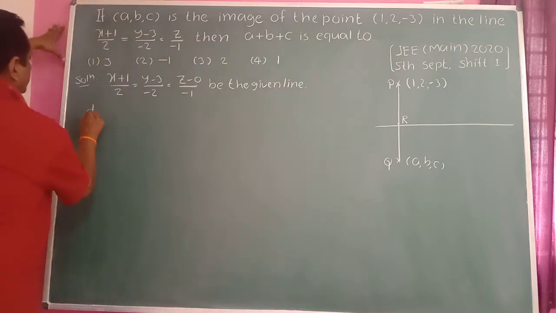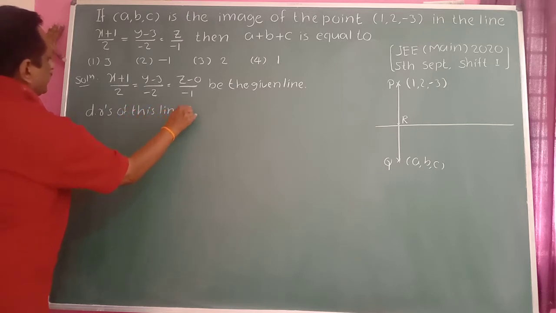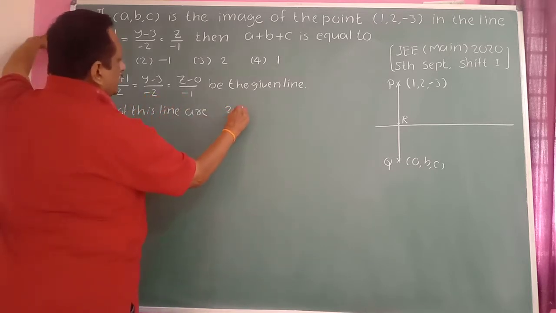Therefore, the direction ratios of this line are 2, minus 2, minus 1.